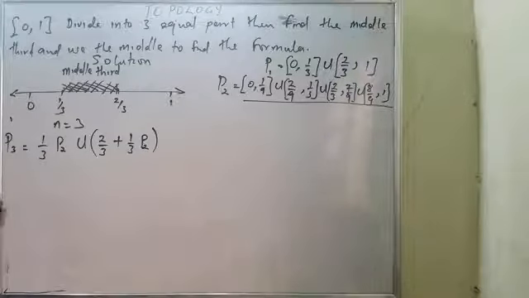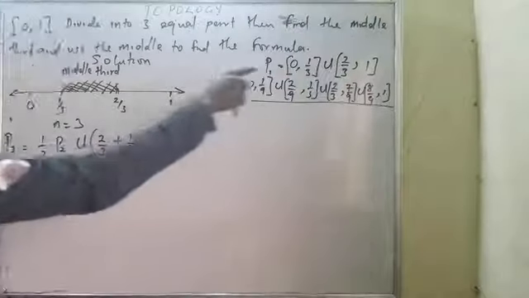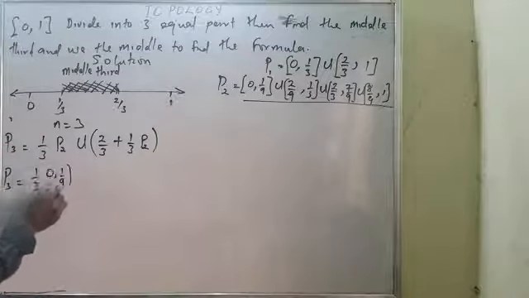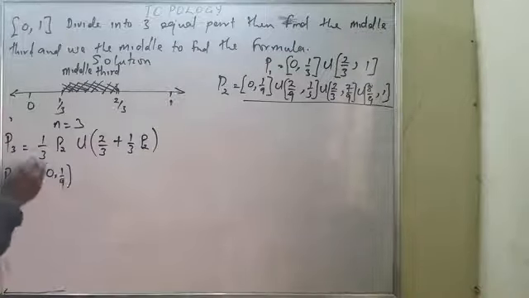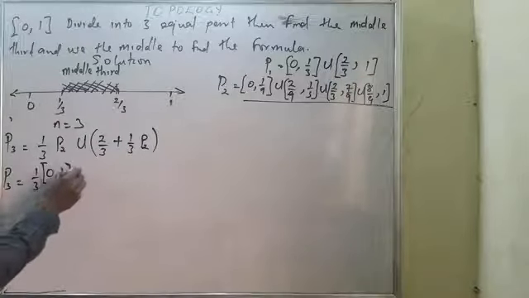Now, it means my P3 will be equal to 1 over 3. All that is given here is known as my P2. It means I will be putting everything there. 1, 9 is close, sorry. This time around, learn to make use of brackets, very important.